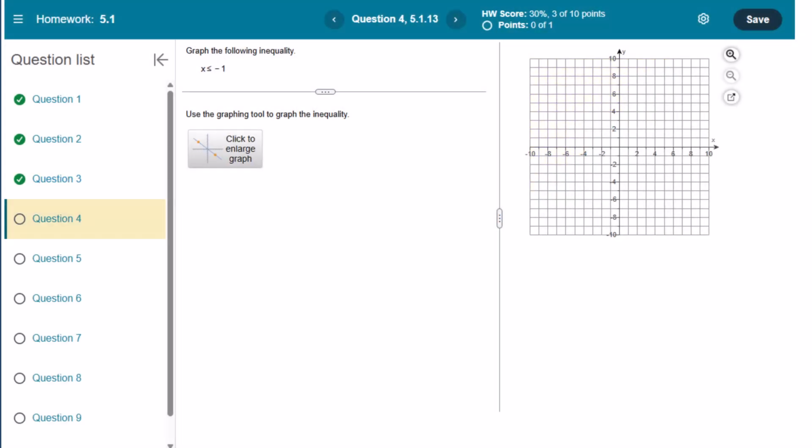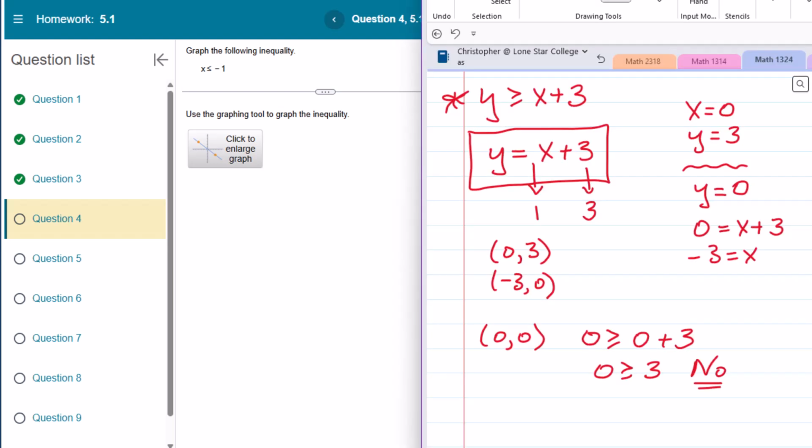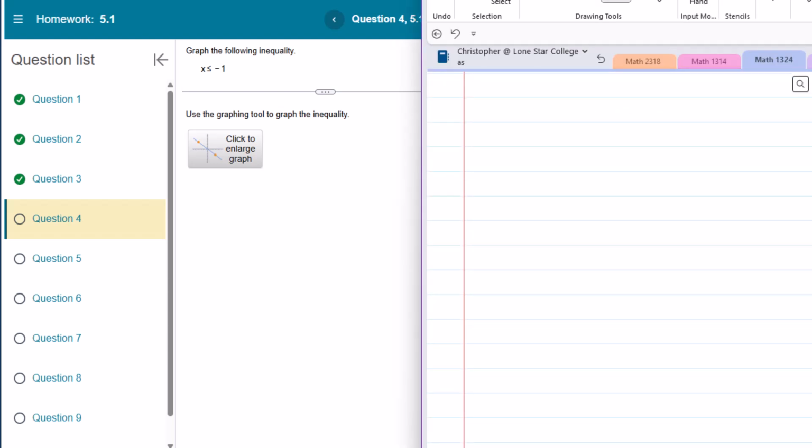Okay, in our next case, they want x less than or equal to minus 1. So I'm interested in the line x equals minus 1. But if you remember, we had a few special kinds of lines.